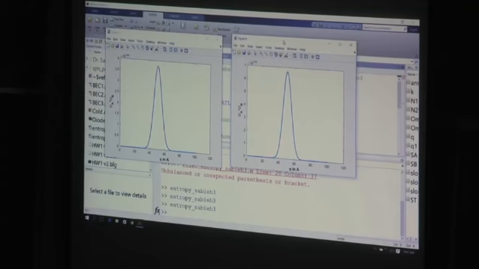Now if I were to actually do, say, 10 to the power 20 atoms, 1 mole of water, 18 grams, has 10 to the power 23 atoms. Perform this calculation for 10 to the power 23 atoms. This peak is going to be extremely, extremely, extremely sharp and extremely large. Okay, I can't do that here because I don't have a supercomputer.